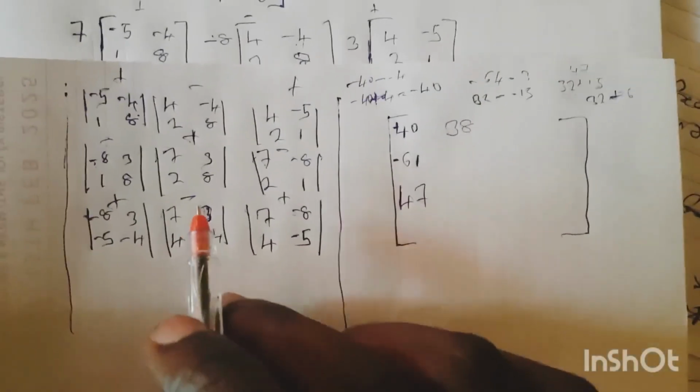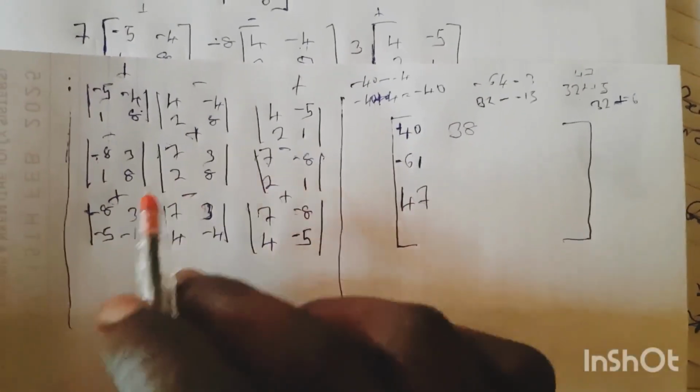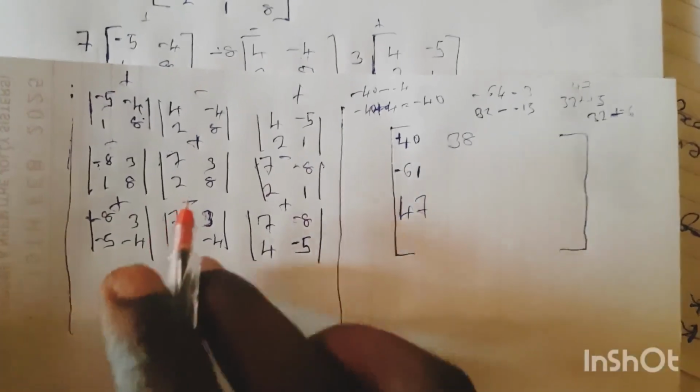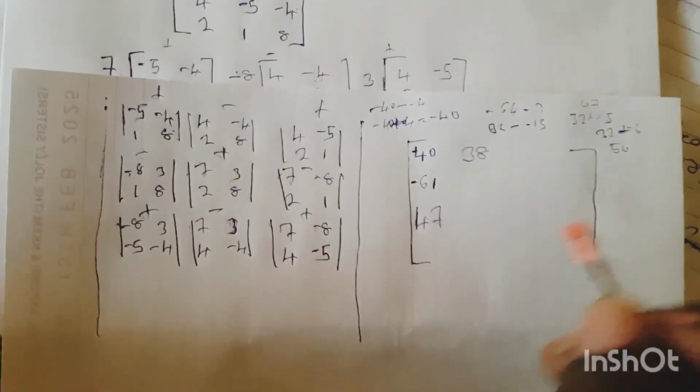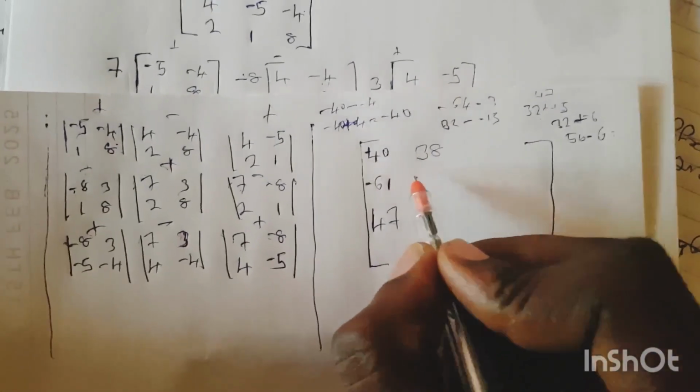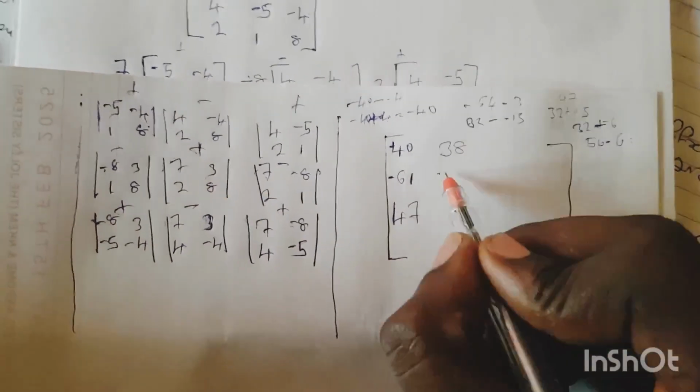Okay, so 8 times 7, that's going to give us 56. So it's going to give us 56 minus 2 times 3, that's going to give us 6. So 56 minus 6, that's 50. And here is positive, so we have 50.